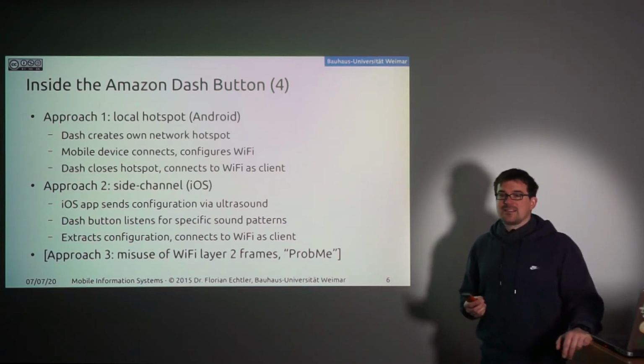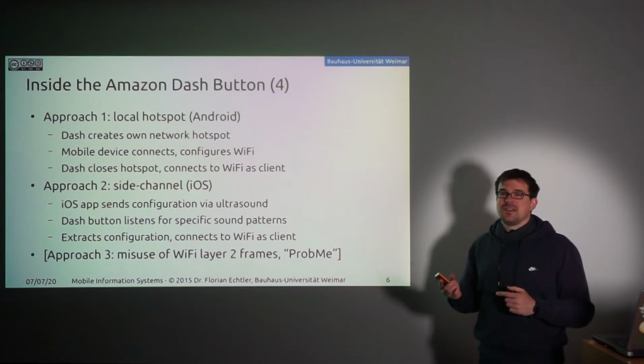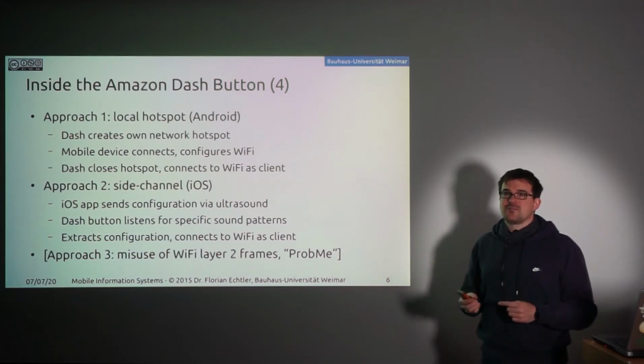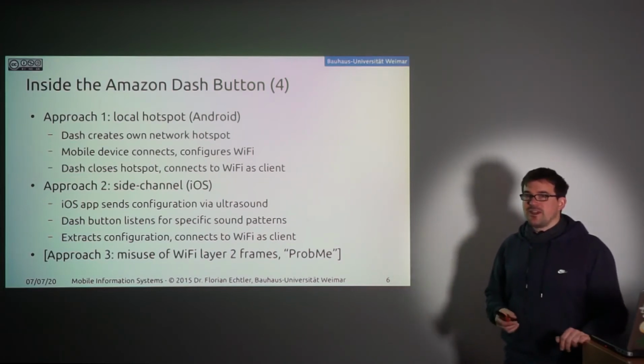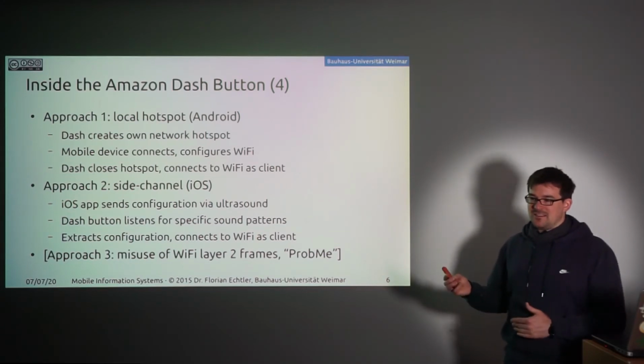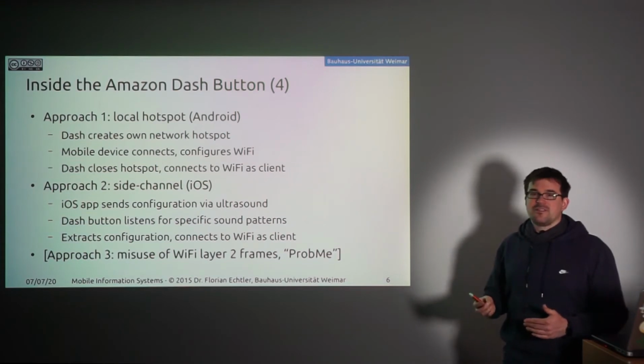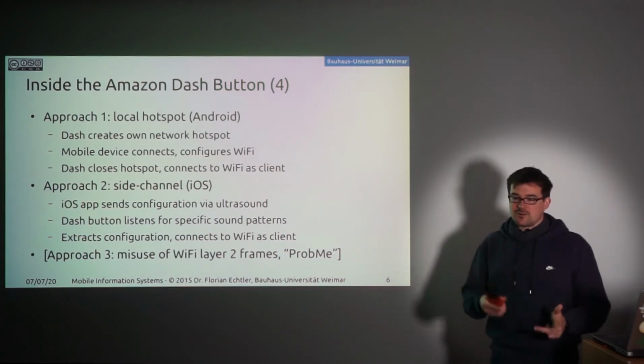For that reason, it can sometimes be a little more difficult to access the configuration page, because when you enter just any arbitrary domain like, I don't know, uniweimar.de into your browser, the idea is that the local hotspot on the device will just redirect that access to the configuration page.